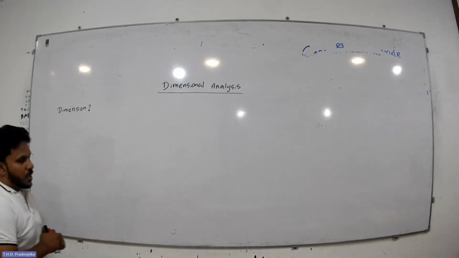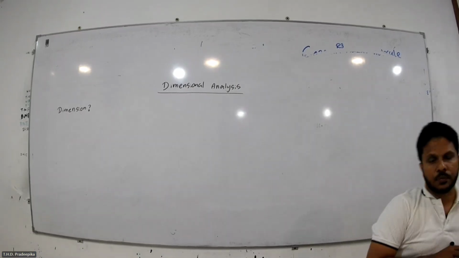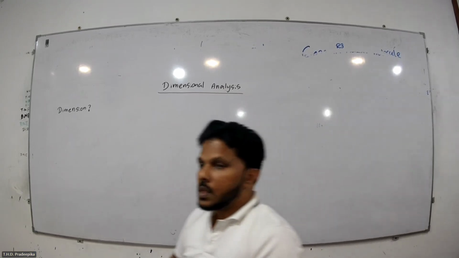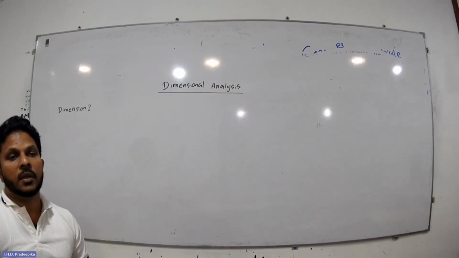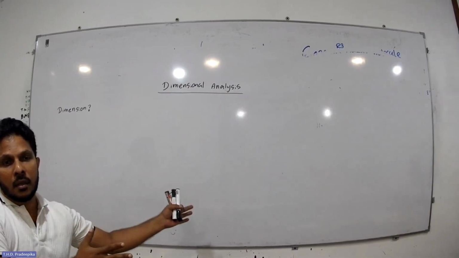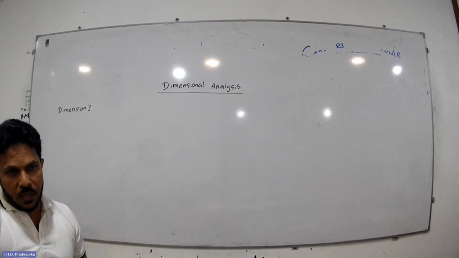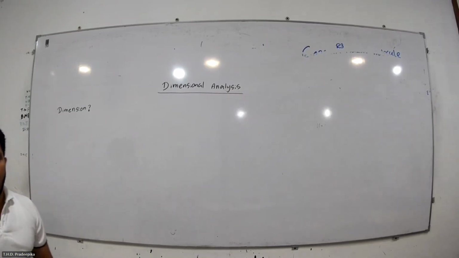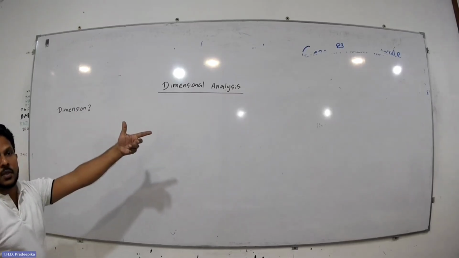It is a physical expression which shows the relationship between fundamental physical quantities and the given physical quantity. It shows us how this physical quantity is derived from the fundamental physical quantities.